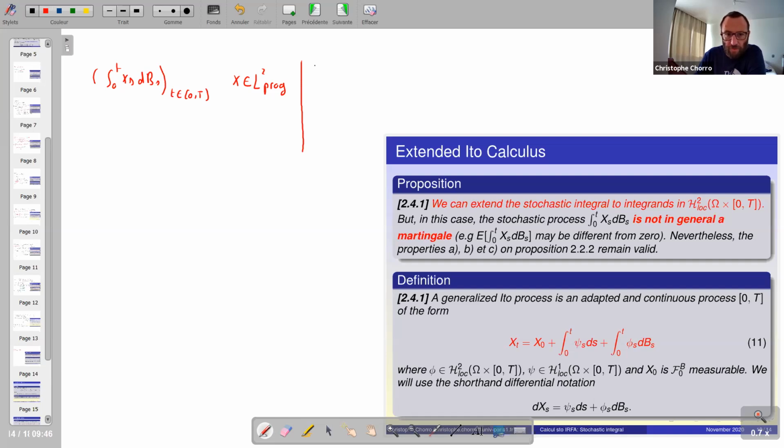I have the fact that it is linear, it is continuous, it is adapted. But I have also that it is centered, plus the Ito isometry. And it is also a square integrable martingale.